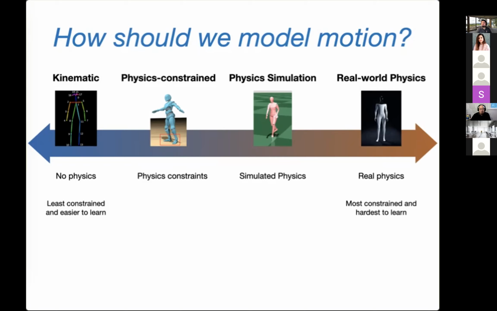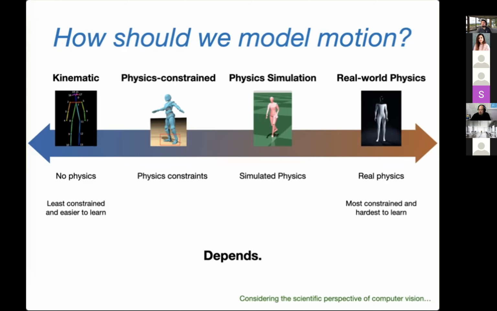So, as computer vision scientists, how should we model human motion? There are going to be different perspectives. It depends. Some people might say, what do you want to use it for? If you want to just use it for surveillance, then maybe the physics doesn't really matter. It's more about where the people are.